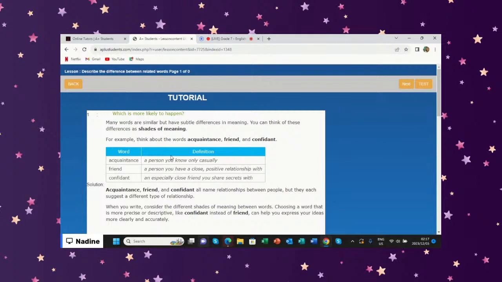So it's someone that you have a very close and positive relationship with, and that is someone that you can call a friend. It's someone that is very close to you, very dear to you, and you have a positive, good relationship with that specific person.